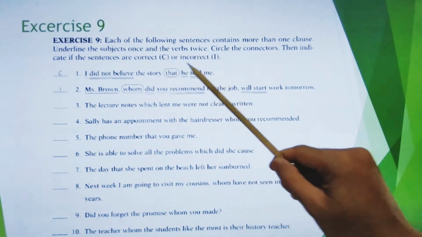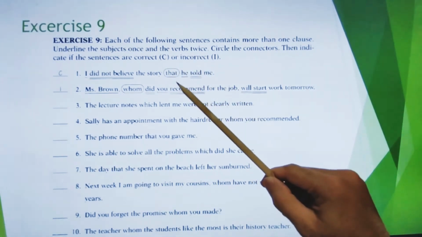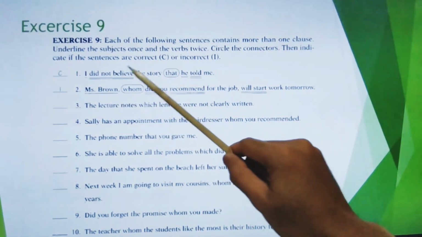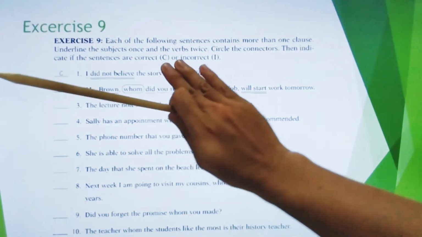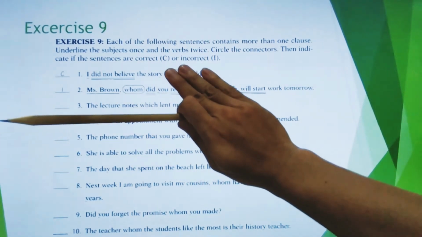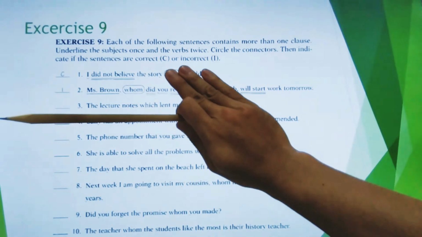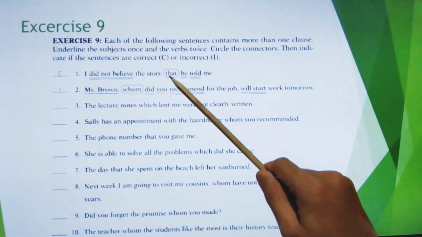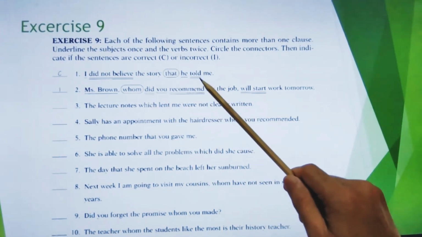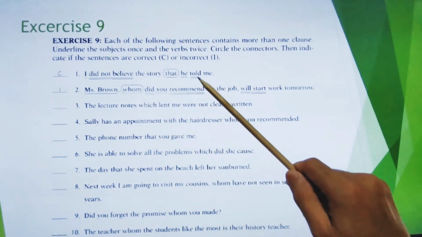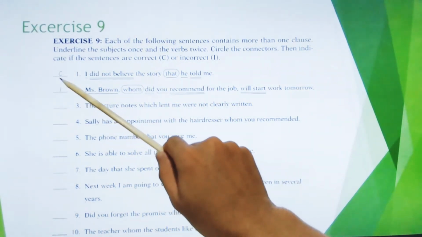But the question is, "that he told me": is it correct or incorrect? If we omit it, "I didn't believe the story" still makes sense. So the answer is correct.